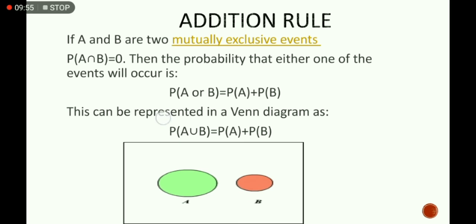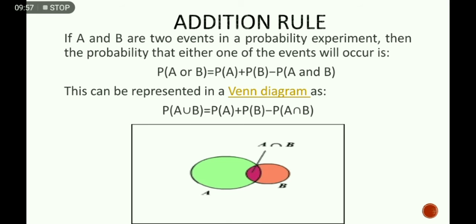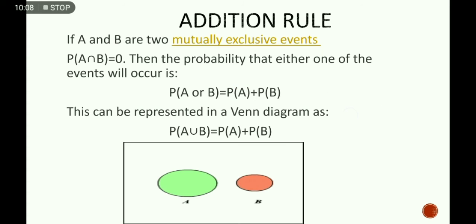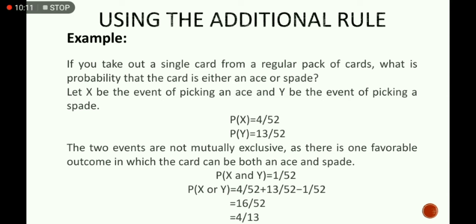So, dito, ang ginamit na formula ay itong P, probability of A or B is equal to probability of A plus probability of B minus yung probability ng A and B. So, yun na nga. Sinubstitute, then, inadd siya and minus. Ang nakuha natin ay 16/52. And in lowest term, the final answer is 4/13.